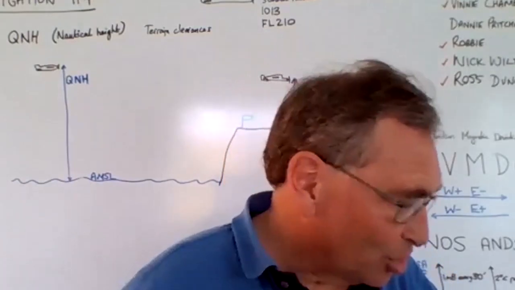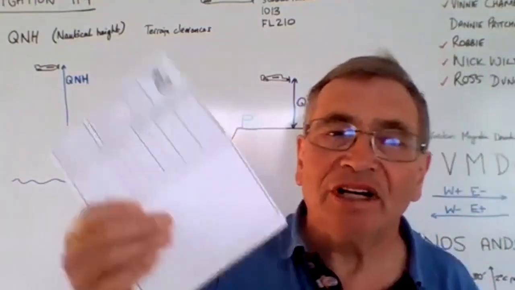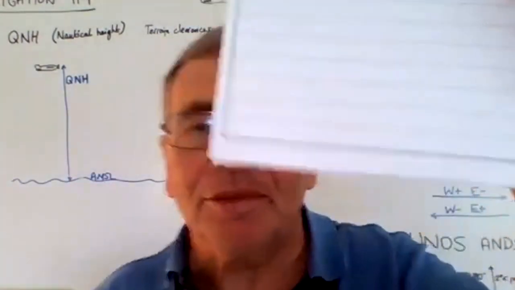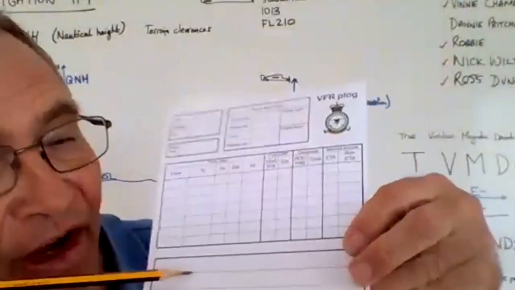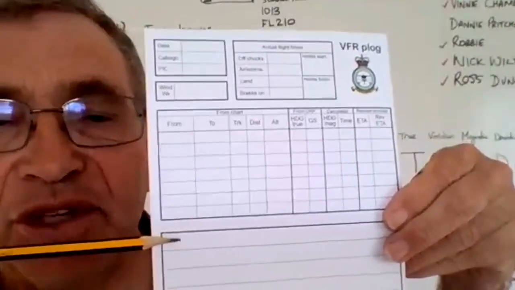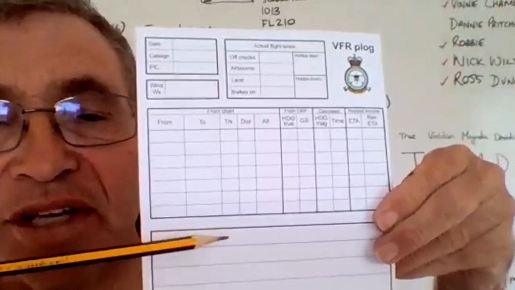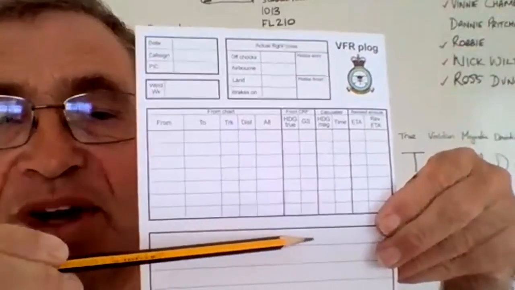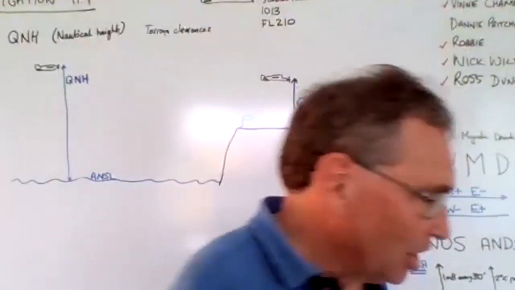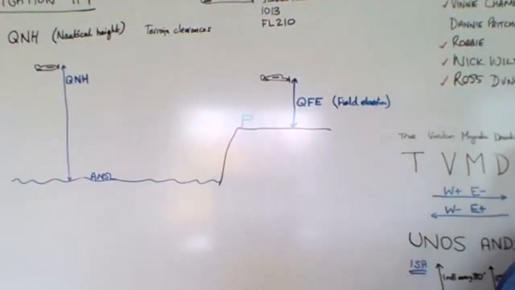And of course, you can write that on your plog. You've got gaps at the bottom here, and as you get the new QNH, you'd write QNH 1015 or something like that, wouldn't you? So that you'd keep all this up to date. And then, of course, you could update your altimeter.